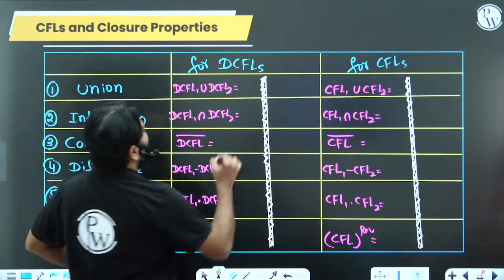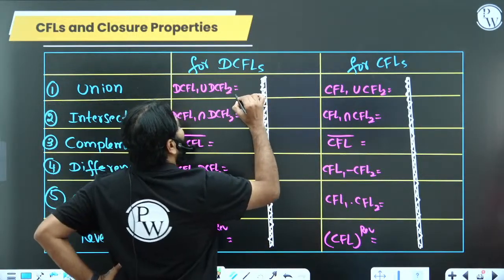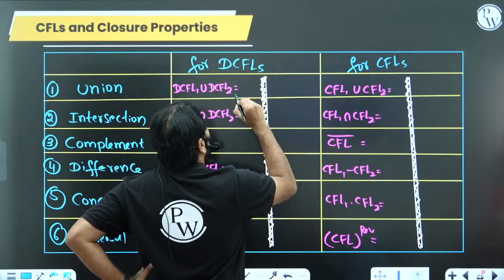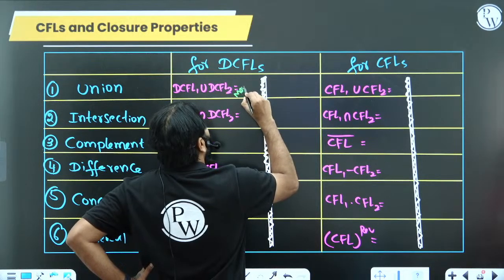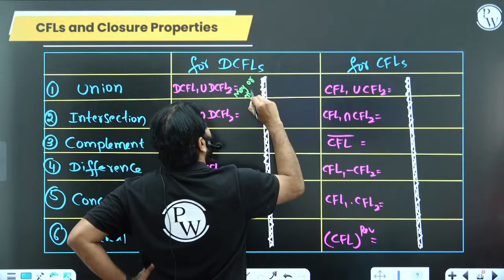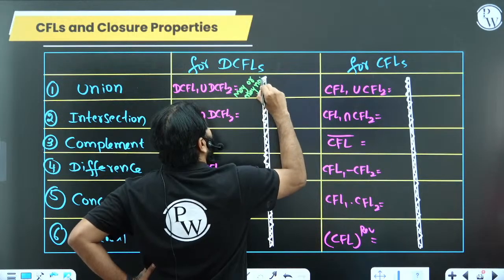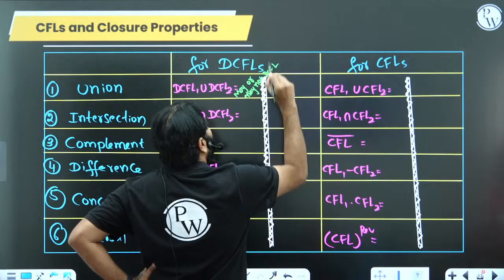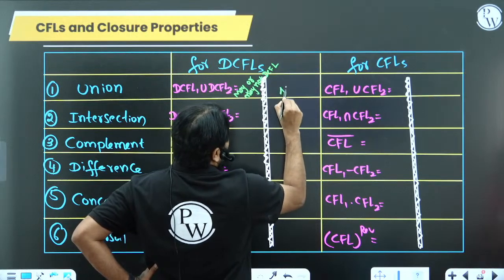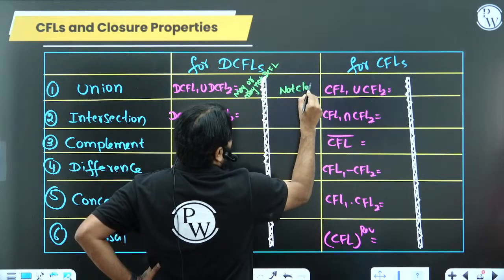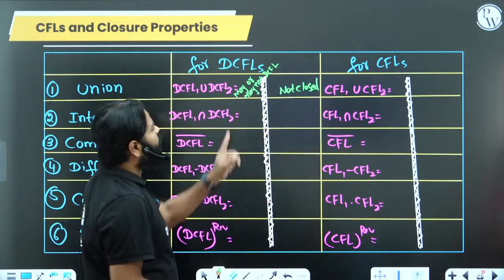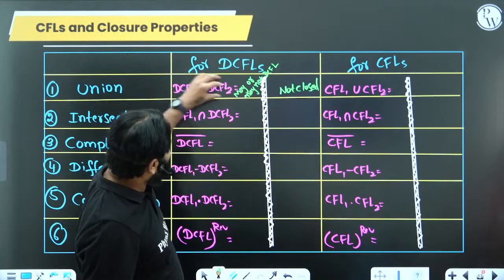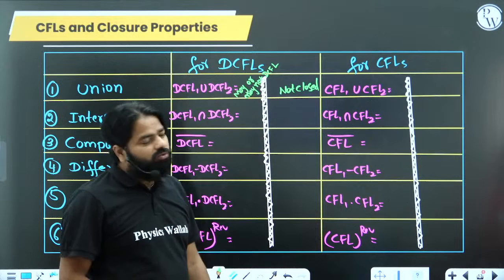The first one may or may not be DCFL. That's why this answer is not closed. So these two are dependent. The result of this one will decide whether it is closed or not closed.